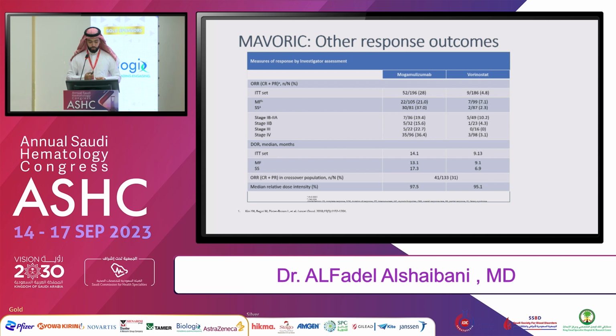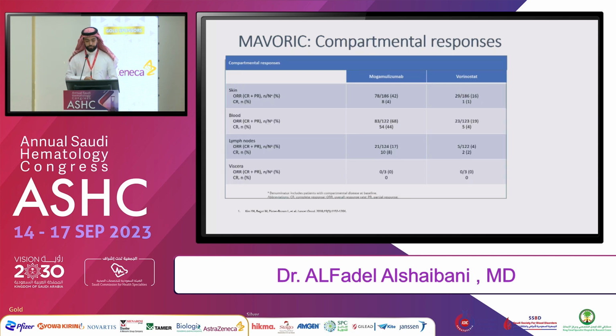Median duration of response is also longer with mogamulizumab compared to vorinostat. If we look at the compartments, all of them show a response, but the highest is seen in the blood compartment. And this is something that we'll see in subsequent slides.